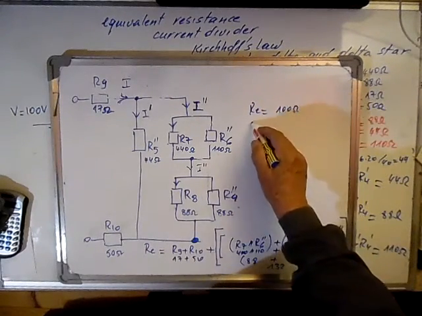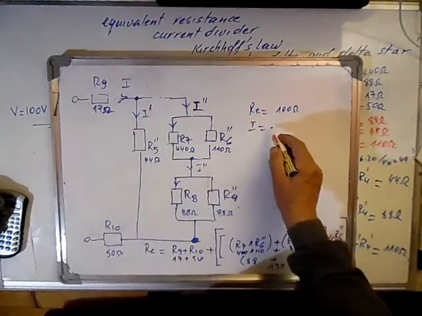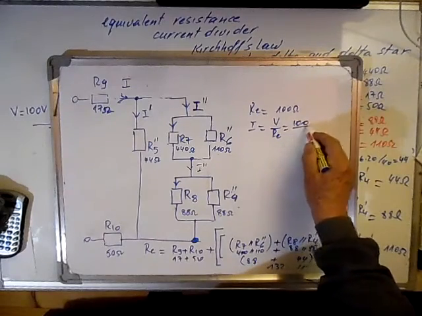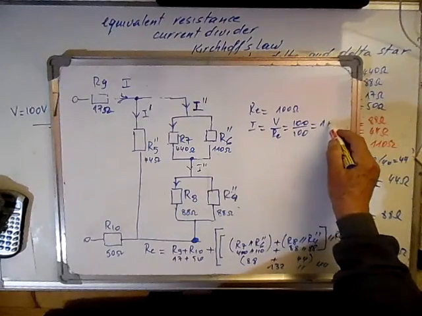From this we can calculate the main current, which is V over RE. 100 volts over 100 will give us 1 amp.